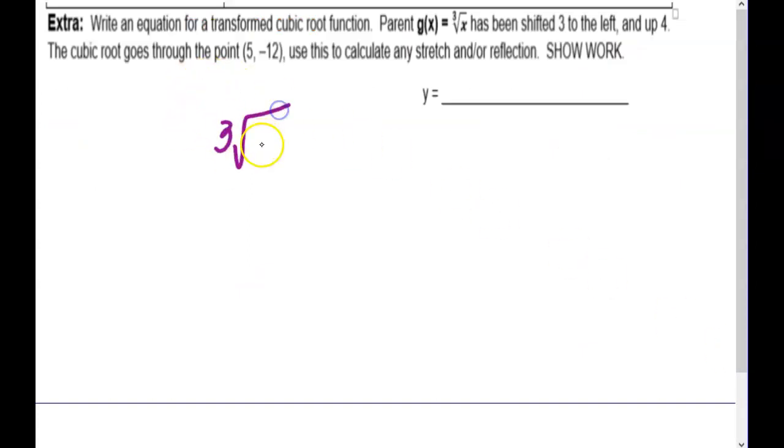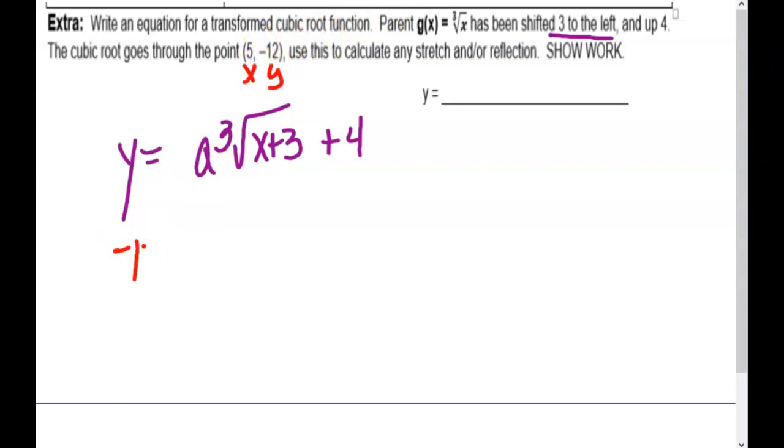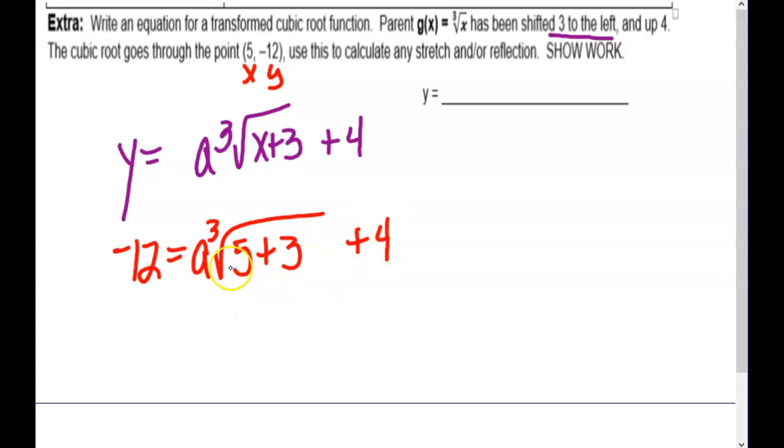This is a cubic. If it's shifted left 3, it would be a +3 in here. Up 4 would be a +4 on the back, but we don't know the stretch until we put in this x, y point. -12 equals a times the cubed root of 5 plus 3. This is the cubed root of 8.